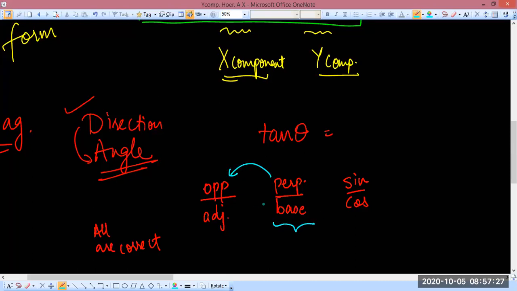Okay, this is my advice to all of you who said perpendicular upon base. I advise you that instead of saying perpendicular upon base, you learn this. Okay, this is going to help you. All right, this is going to help you.